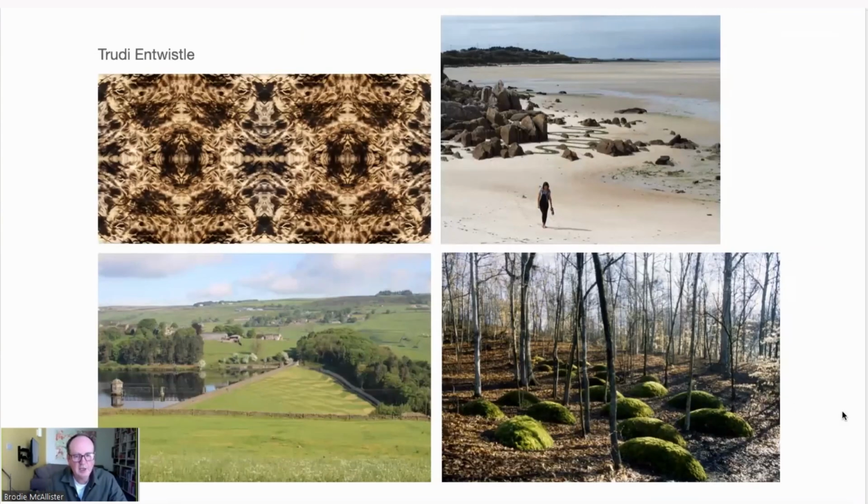And then Trudy Entwistle, a little bit like Kathy, is former lecturer and landscape architect and landscape artist. And the two on the left are part of the Watershed Project 2012 to 14. It's part of the Upstream exhibition in the South, and the subject matter is in the South Pennines.